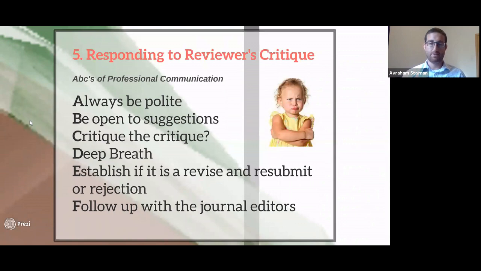And oftentimes, it is very difficult to digest and challenging, because it may require a serious reworking of our article. It may be very critical. They may be harsh. And it's important that we know how to respond and use this as an opportunity to build from the critique and to improve our paper, and not to burn bridges, which can happen.